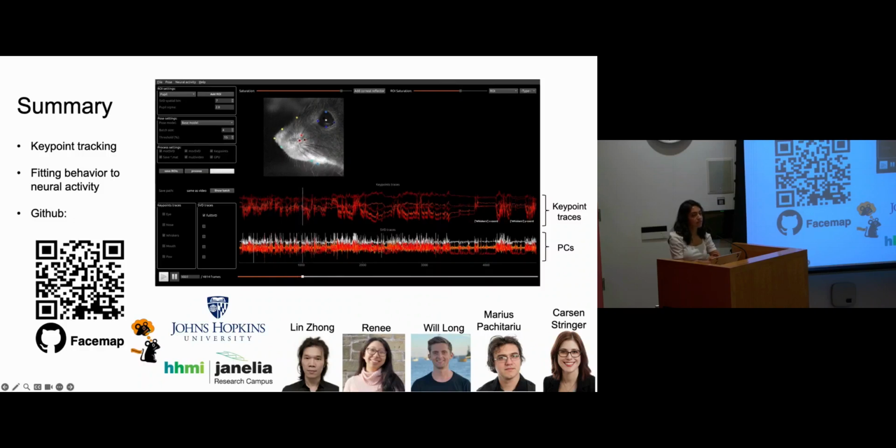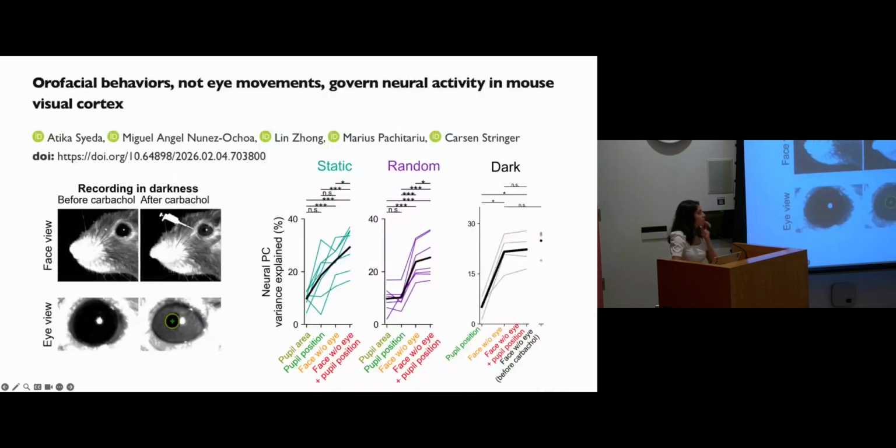I mean, that the facial movement is encoded in visual cortex because the whiskers swipe through the visual field. I think to account for that in the best way is why we've kept the dark condition, where you don't have that visual feedback of even the whisker motion. I guess to do it in a light setup, you would have to trim their whiskers off completely.